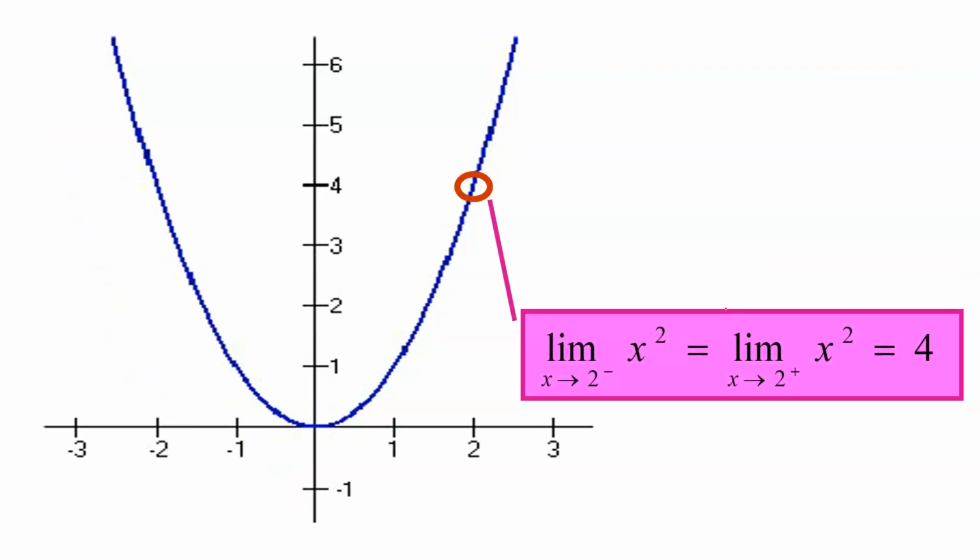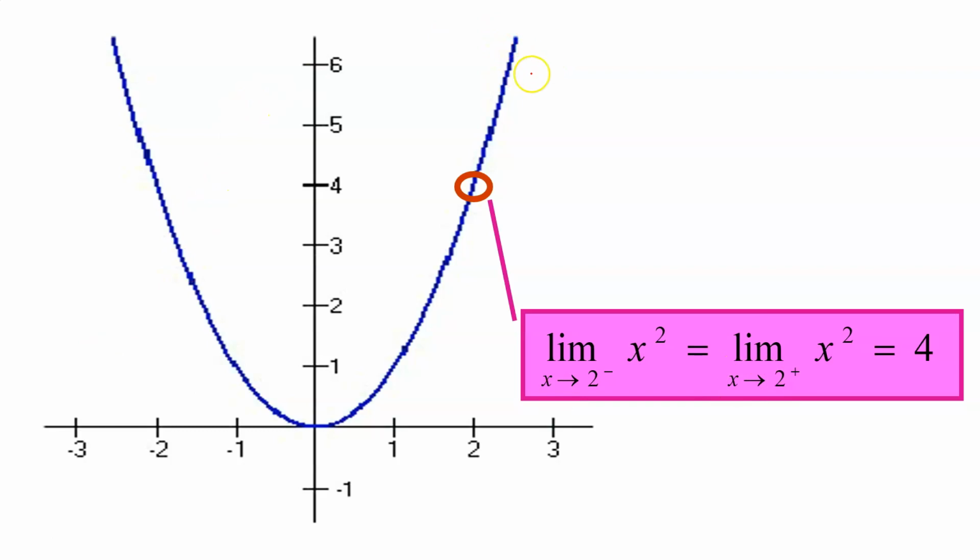Okay, then for example over here we pick x approaching 2. You have the limit of function x squared when x approaches 2 from the left. This is from the left, and this is the limit of x squared when x approaches 2 from the right.